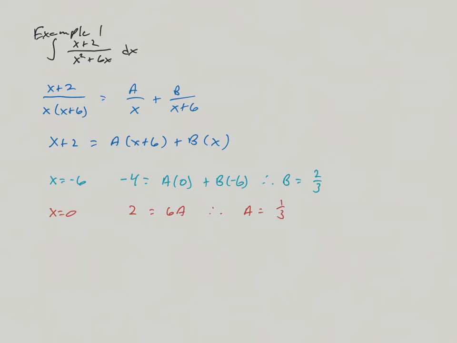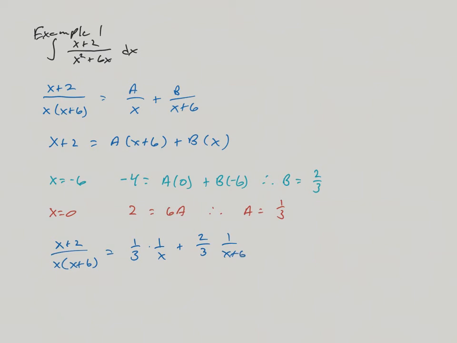So with A equal to 1/3 and B equal to 2/3, I know that (x + 2)/(x(x + 6)) is equal to 1/3 times 1/x plus 2/3 times 1/(x + 6).